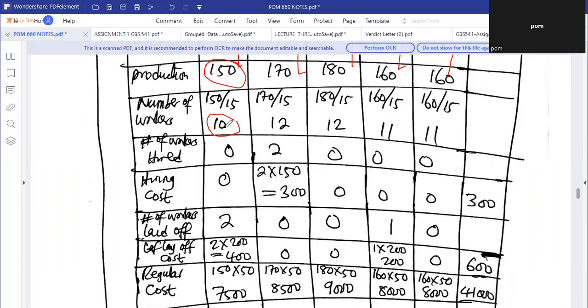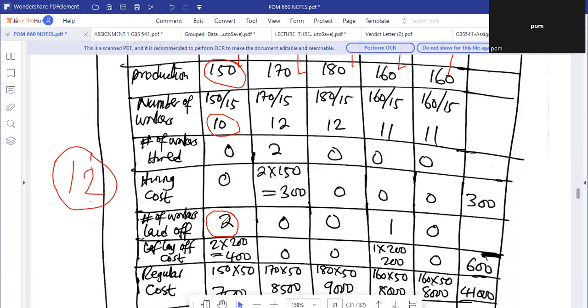It means that they laid off 2 workers, because the current was 12 and 10 is what is needed. So the number of workers laid off is 2 from the 12. For now, we know where the 2 is coming from.